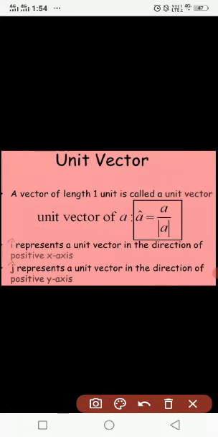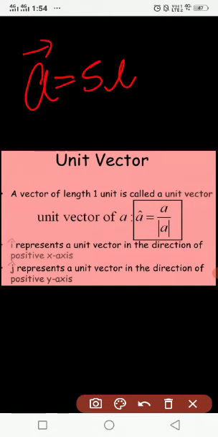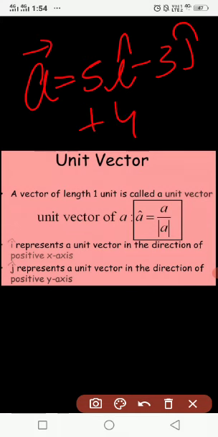So whenever we are writing any vector, it will always be in the form of I cap minus 3j cap plus 4k cap. That means I, J and K will be there.